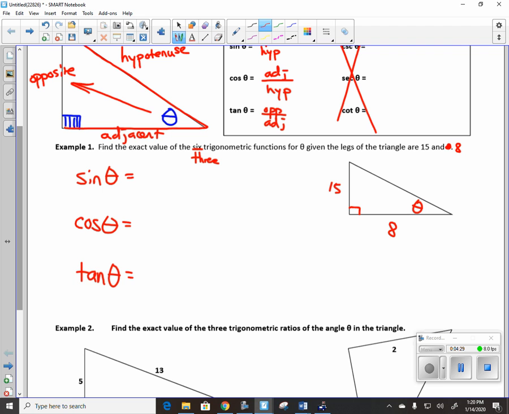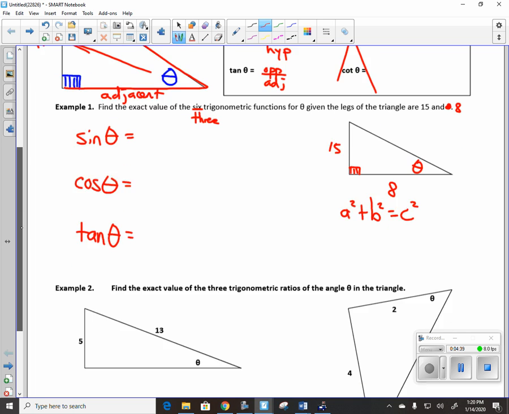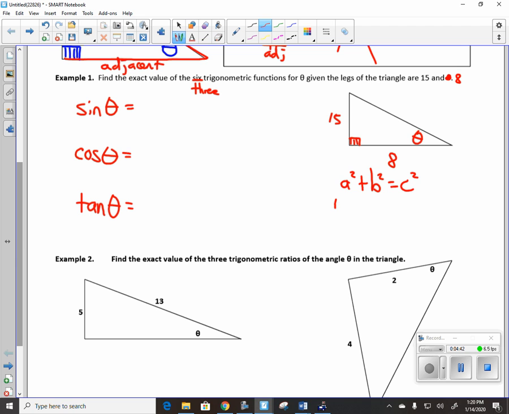Since this is a right triangle, we know that a squared plus b squared is equal to c squared. And c refers to the hypotenuse of the triangle. So I have 15 squared plus 8 squared is equal to c squared. Anybody know what 15 squared is? 225. Plus 8 squared, 64, is c squared. What is 225 plus 64? 289.